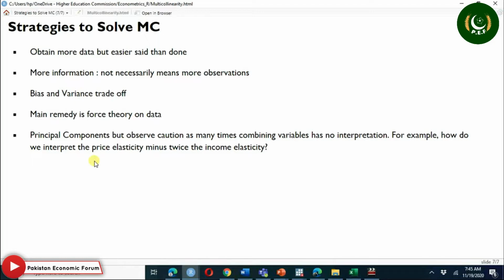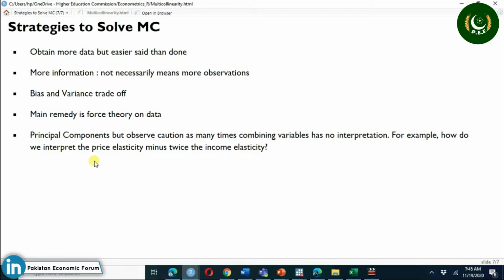That's very useful. Bias and variance trade-off: if you include an extra variable or exclude a relevant variable, there will be a bias-variance trade-off. Watch my video on inclusion and exclusion of relevant and irrelevant variables. The main remedy is theory and data.